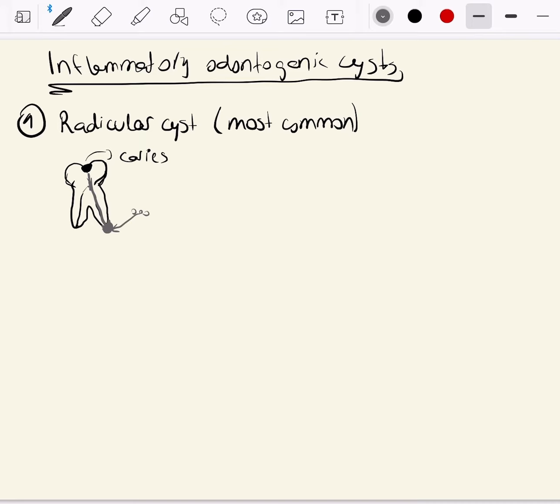Before the cyst happens, there is the granuloma. And in the granuloma, the epithelial rests of Malassez come inside and build the cyst. This cyst is then surrounded by bone. So this is the reason that we have a non-vital tooth.